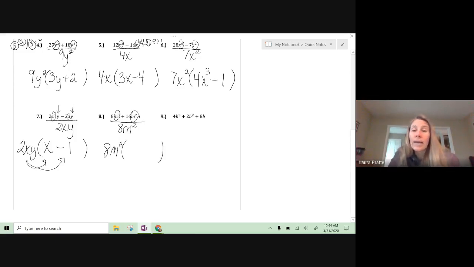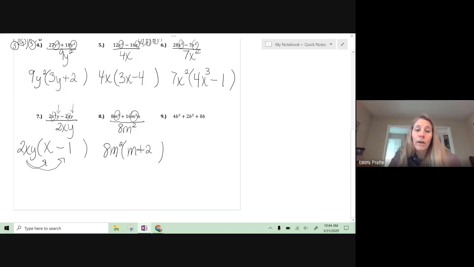So now when we divide each of our terms by 8m squared, 8m cubed divided by 8m squared, 8 divided by 8 is just 1, so they cancel out. M cubed divided by m squared, 3 minus 2 is 1, so you're left with just m to the first power. Then on the second side of the equation, you have 16 divided by 8, which is 2.